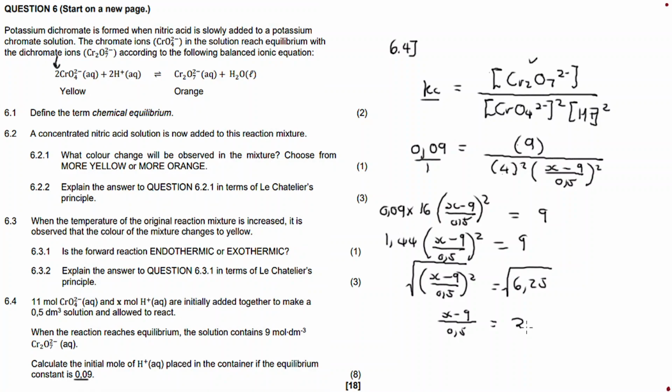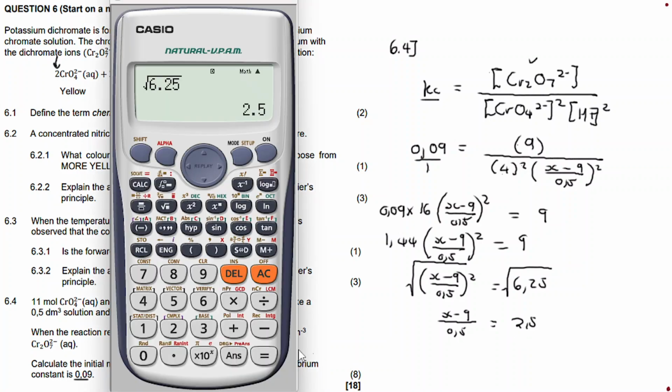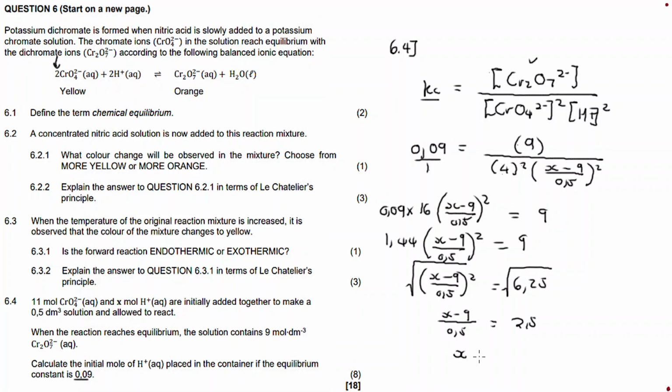So 2.5 multiplying 0.5, I'm cross multiplying again, is 1.25. Then x minus 9 equal to 1.25. Then transpose the 9, and we now have 10.25 moles. Ta-da! So this is our x value, the initial moles for the hydrogen ions.